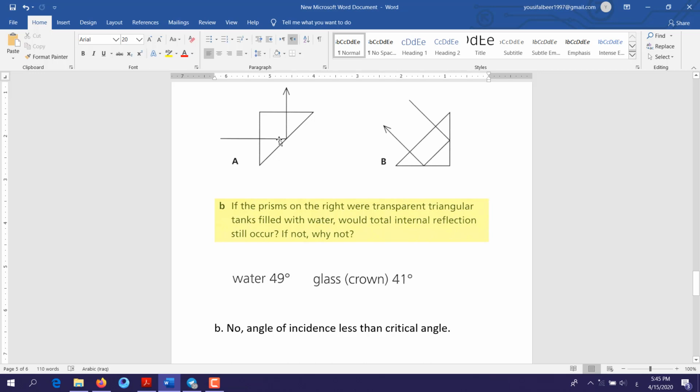Here it's only 45. Because the incident angle is less than the critical angle of water, there will be no total internal reflection. So the answer: no, because the angle of incidence is less than the critical angle.